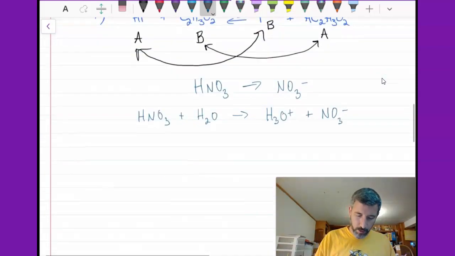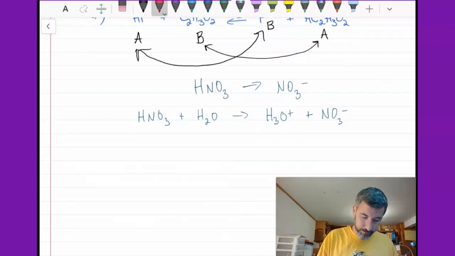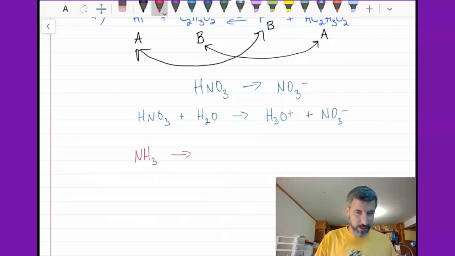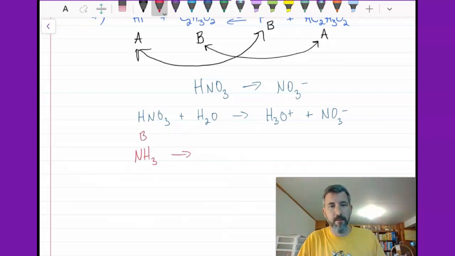So let's say we're talking about NH3. What would, again, not even putting it with an acid, but let's assume that this is going to act as a base, all right? What would its conjugate acid be?